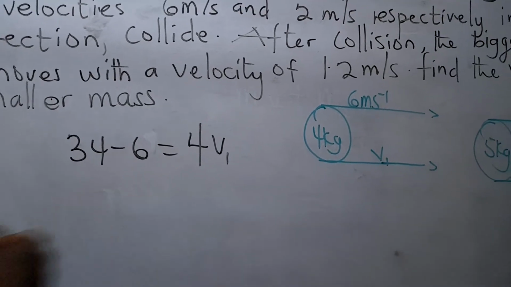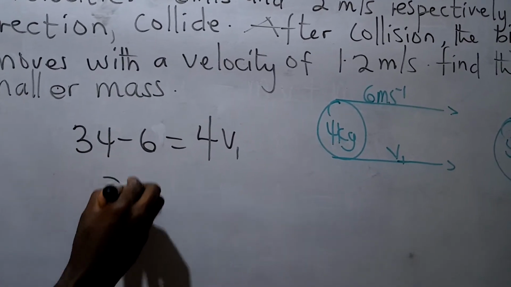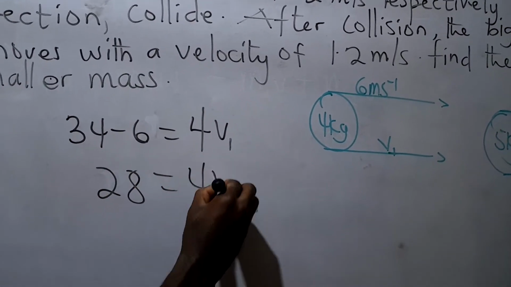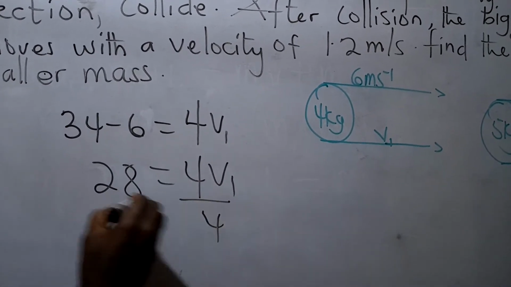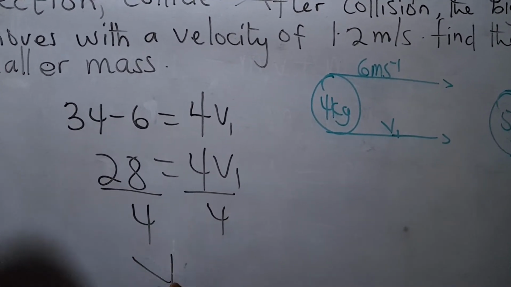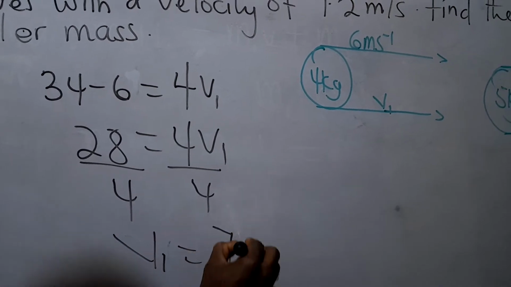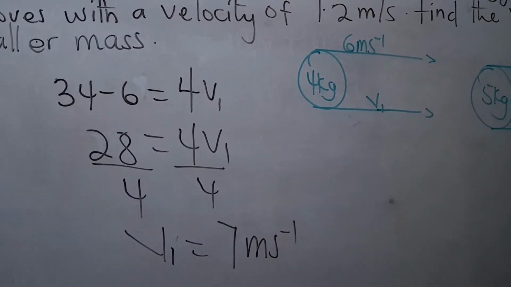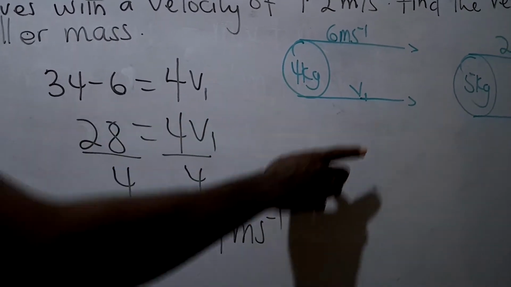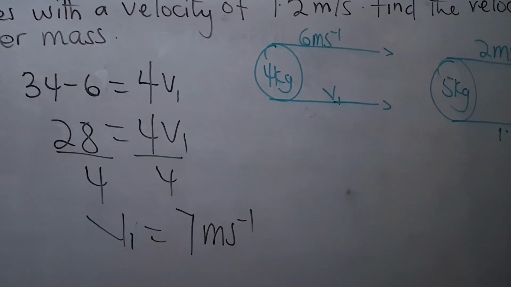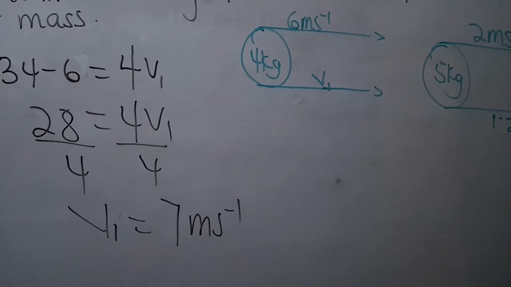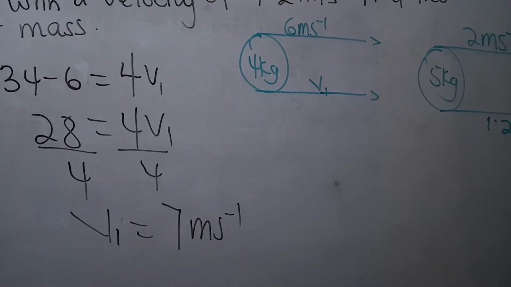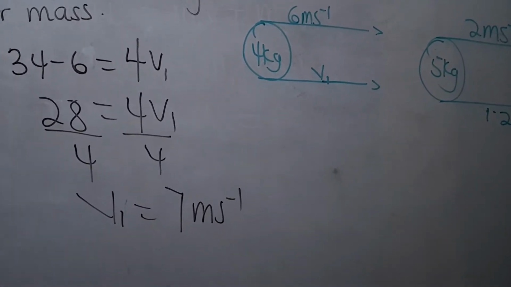So 34 minus 6, that will be 28, equal to 4v1. Dividing both sides by 4, we have v1 to be 7 meters per second. So after collision, the smaller mass moves with a velocity of 7 meters per second. I hope you get that.